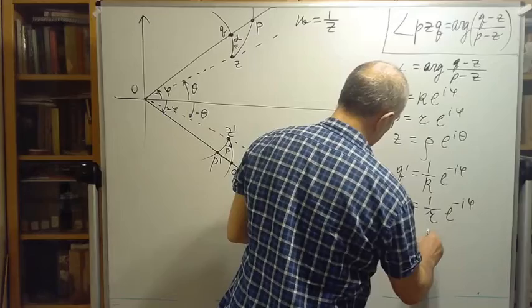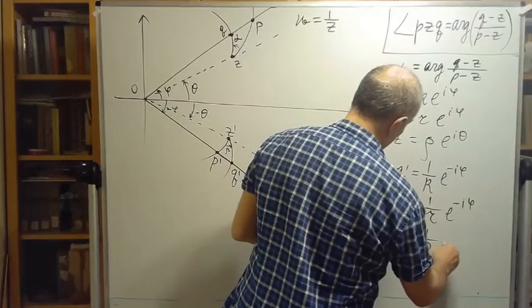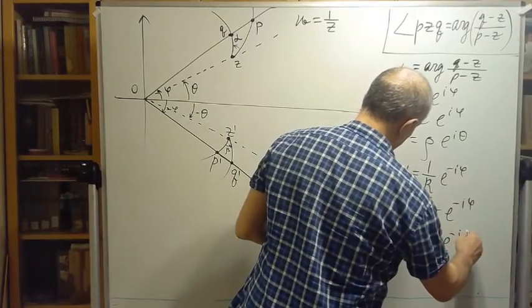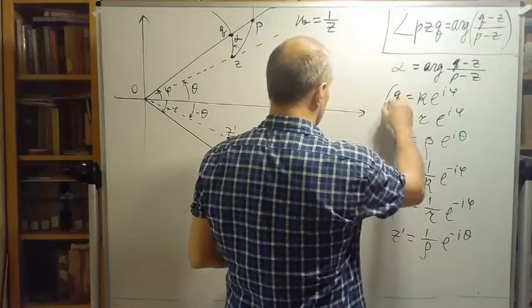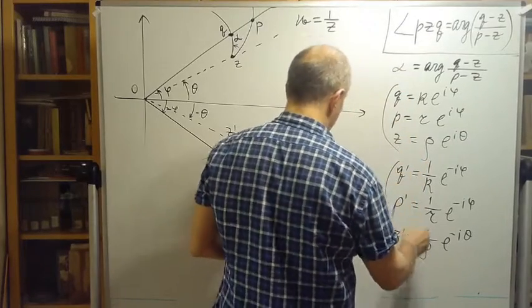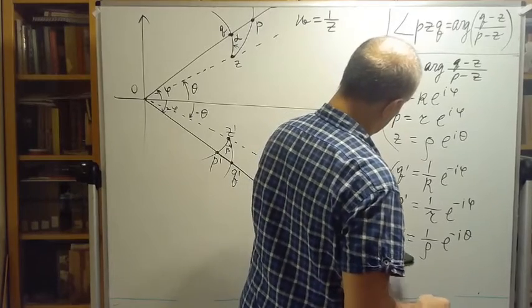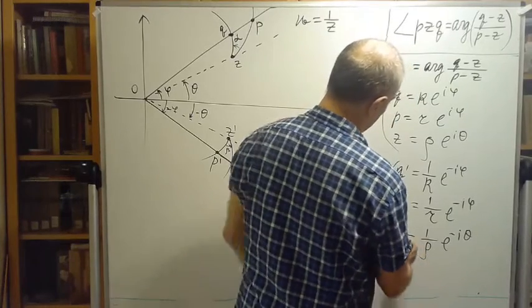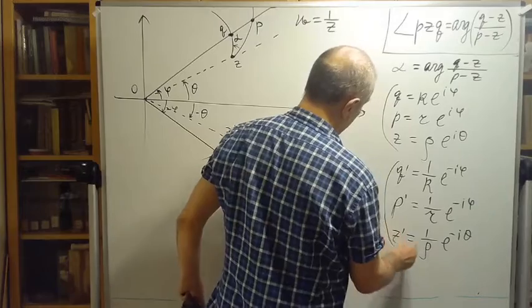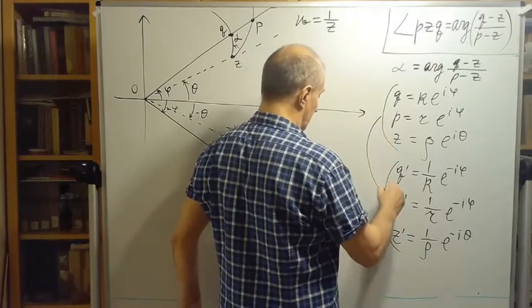And Z prime is equal to 1 over rho e to the power negative I theta. So these 3 points, as a result of inversion, move into these 3 points.